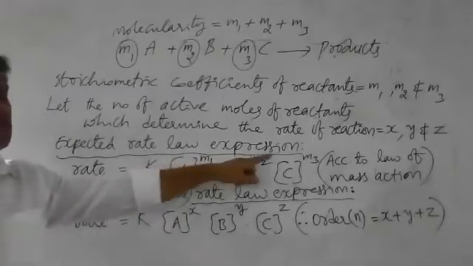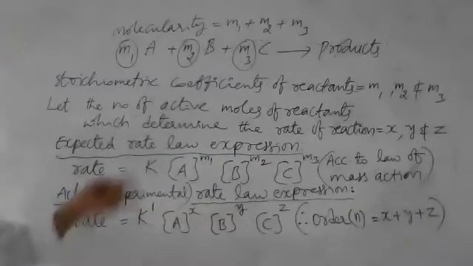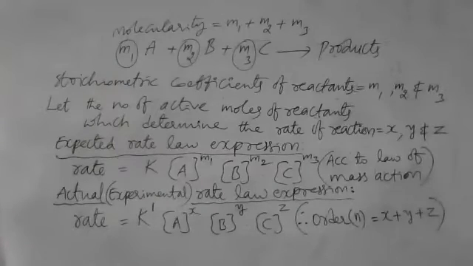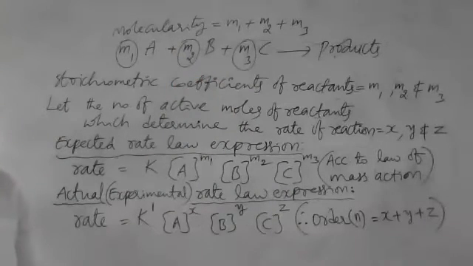M1, M2, M3 are the stoichiometric coefficients, the number of moles of reactants in the balanced equation. Is the concept clear? It is about order of reaction and molecularity of reaction. So take a screenshot of this.